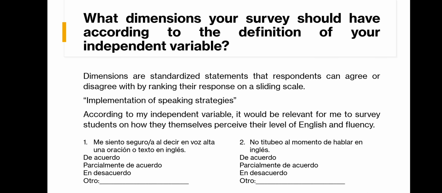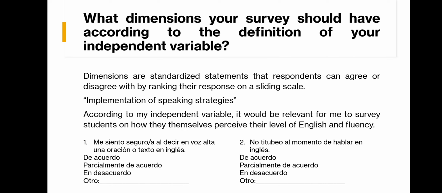What are the dimensions of my survey? What dimensions should your survey have according to the definition of your independent variable? According to a personal research, dimensions are standardized statements that respondents can agree or disagree with by rating their response on a sliding scale. As I mentioned, my independent variable is the implementation of speaking strategies.